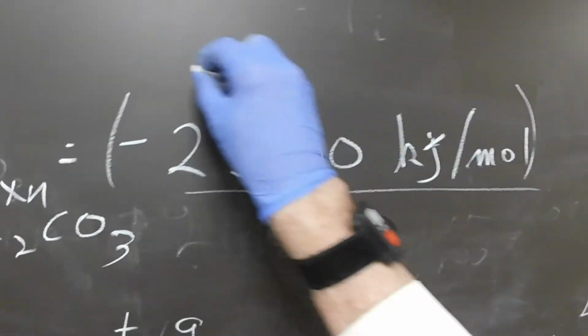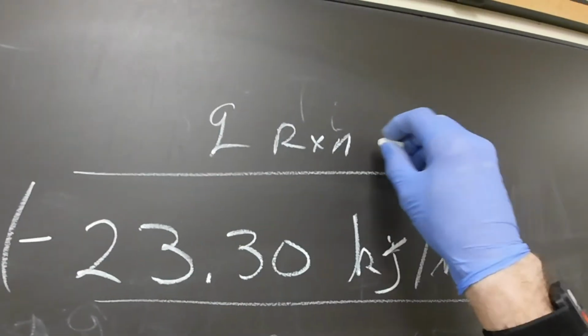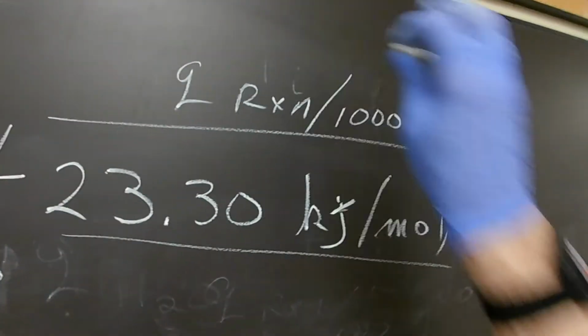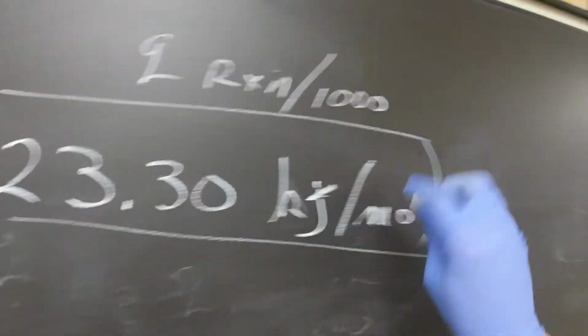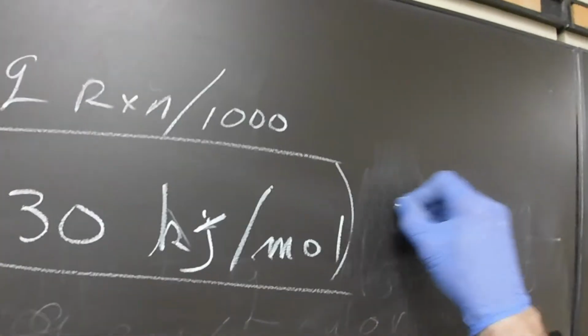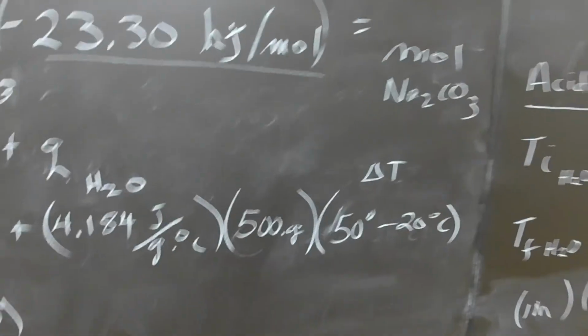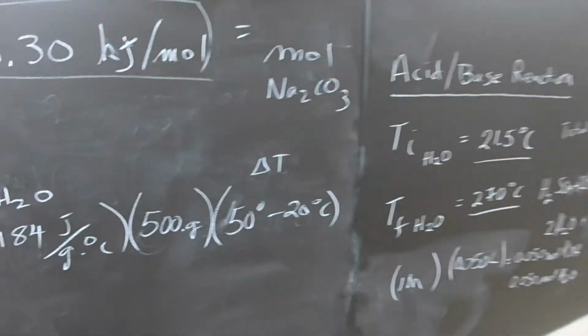So if we put Q on the top, divided by 1,000, then this is joules, this is kilojoules, they cancel, and the moles comes out on top. This equals the moles of sodium carbonate. Now that you know the moles of sodium carbonate, you can find the grams by converting with molar mass.